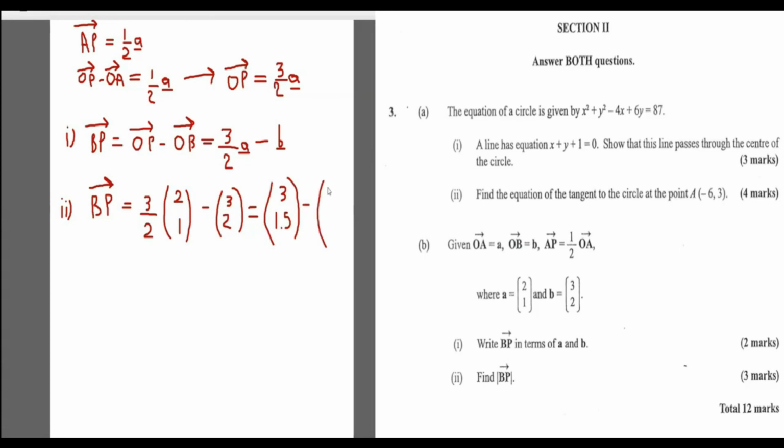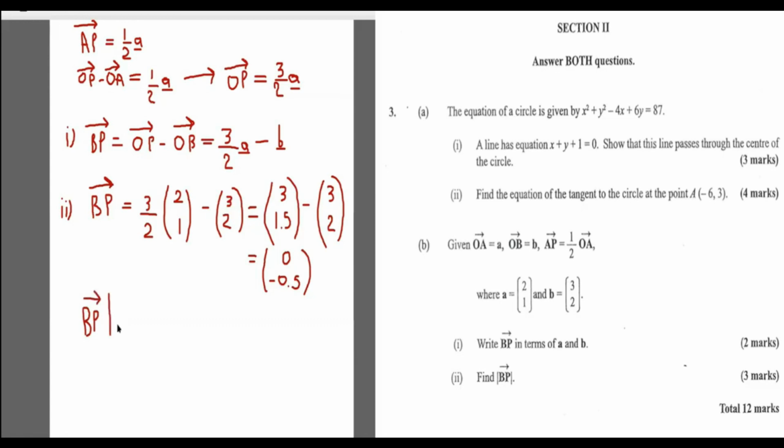Minus (3, 2). Now 3 minus 3 is 0, and 1.5 minus 2 is minus a half. That gives us vector BP. Once you get to here, that's vector BP, so now you can find the norm of vector BP. That's what the sign means, it means norm.